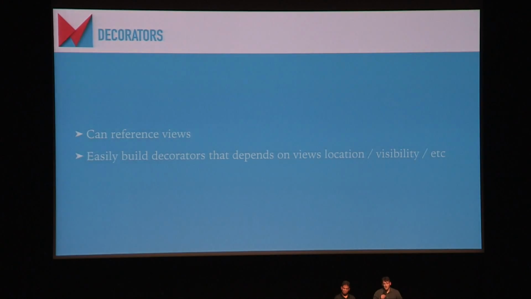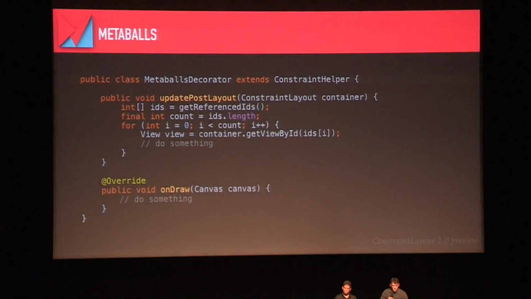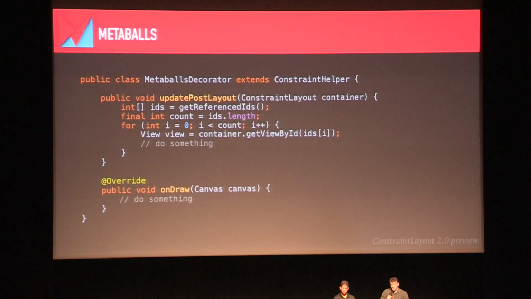And right now, that's tricky to do in a nice way. But with the helpers, it's pretty straightforward. If I take a basic example like a Metaball decorator, we'll see what it does. Essentially, you get something post layout, get the position of the views that you reference, and use the position of those views to do something in your own draw function.